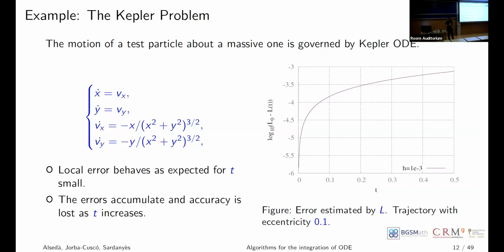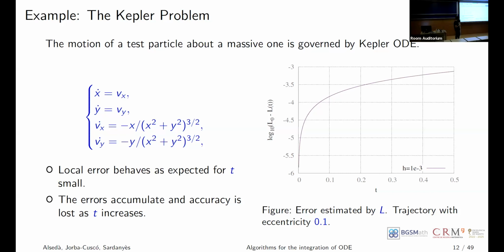If I use the information the equation is giving me, I can adjust the step size and start with 10 to the minus 3, and then make it shorter if something weird is happening.